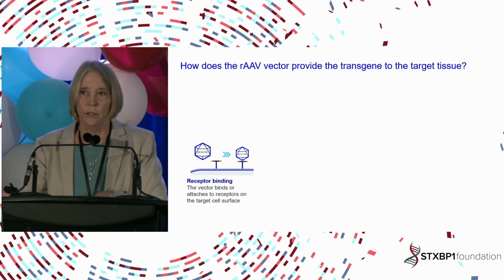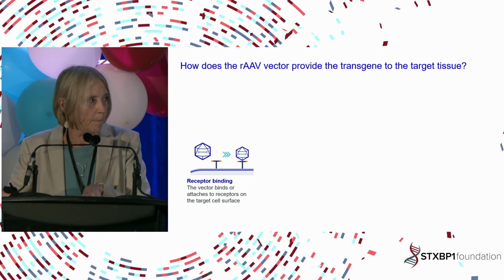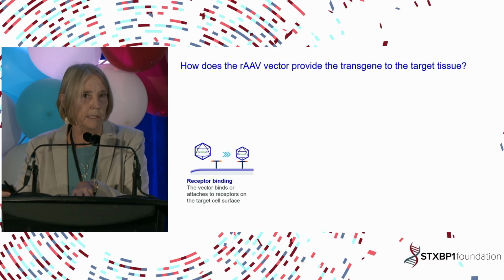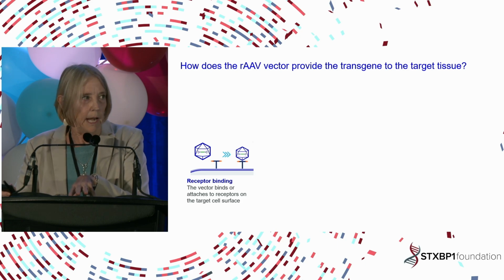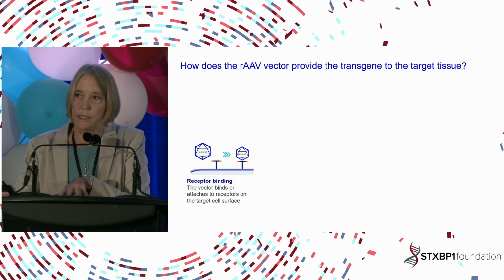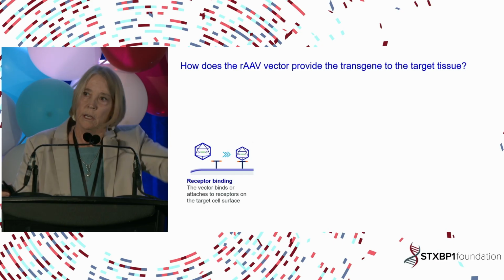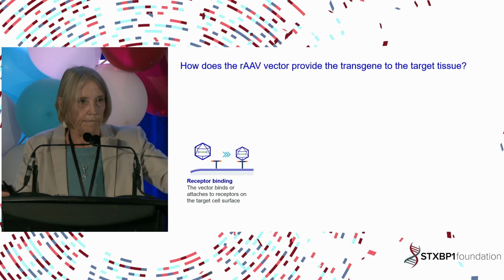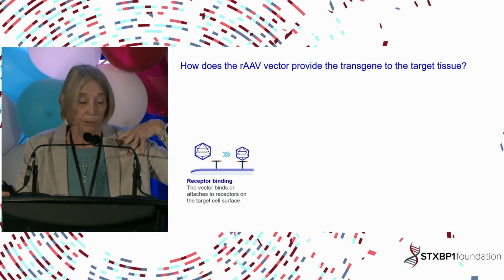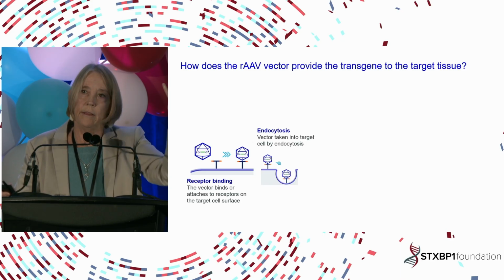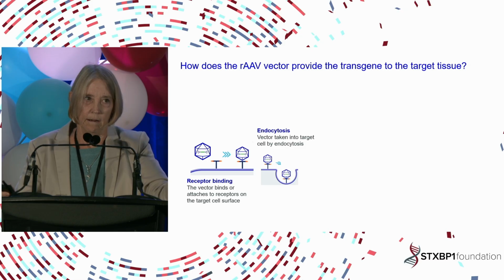You do not use AAV gene therapy for blood, for example. How does it reach the target tissue? Now, this is really critically important. It binds to a receptor that's on the surface of those cells. And it has to be on those cells at a sufficient level to actually pull that virus out of the liquid that you've infused it into, in our case, the cerebrospinal fluid. That vector will bind there, and then it's internalized into the cell.